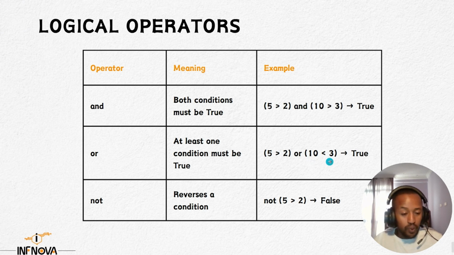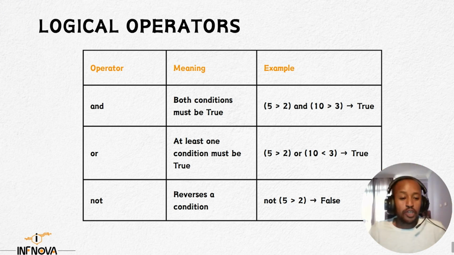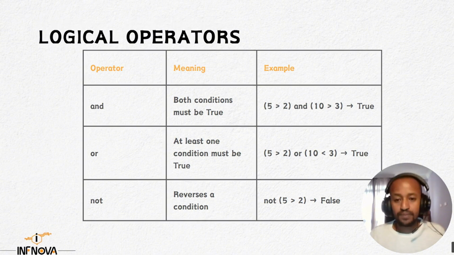So true or false, when you connect it with an OR, it's going to be true because one of the situations is actually true. For the NOT logic, 5 greater than 2, that is correct. And when we negate it, or NOT it, it's going to be false.